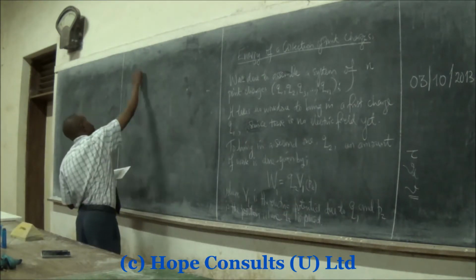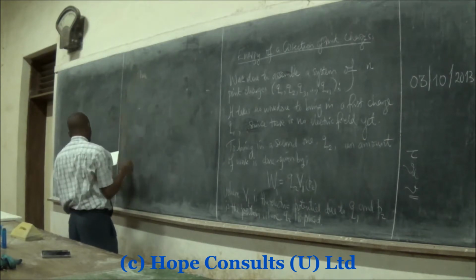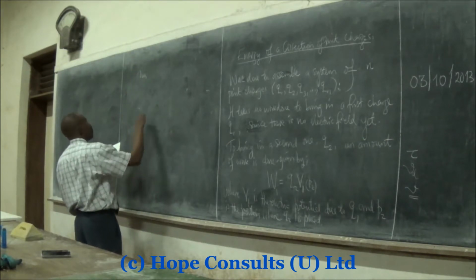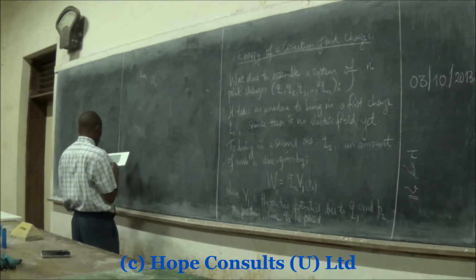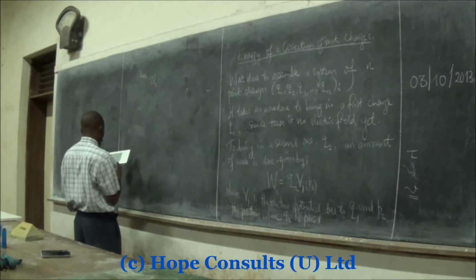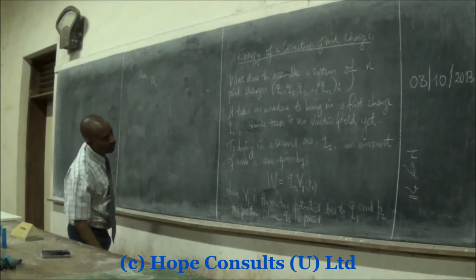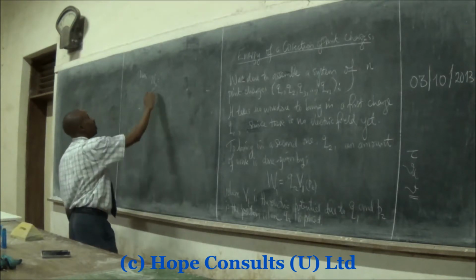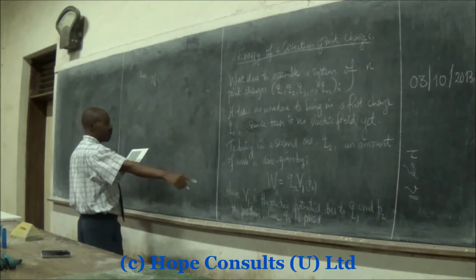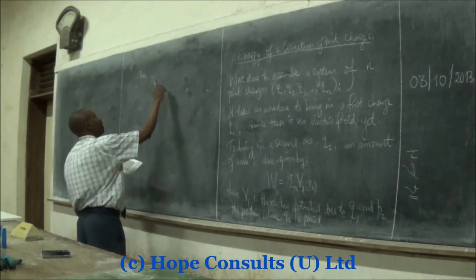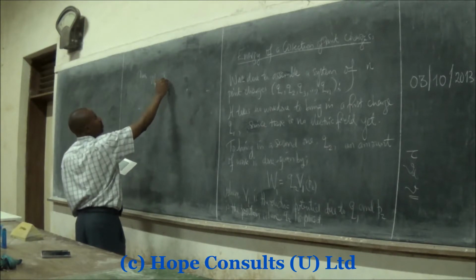Thus, we would have that the work done W2, I think this should still be W1, isn't it? It should still be W1 is equal to, now if I substitute for V1, this would be Q2.